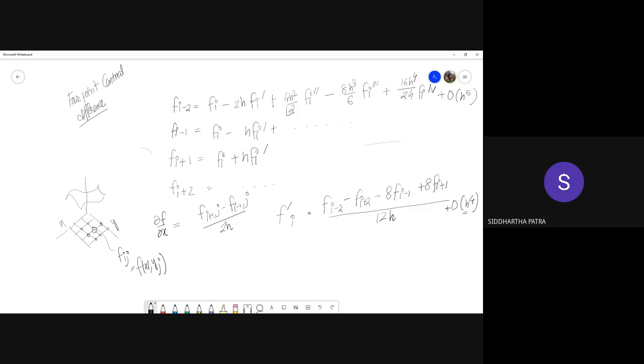But with central difference and using a 4-point technique, you get 2 orders higher accuracy. As compared to order h squared from the 3-point central, forward or backward difference, in 4-point central difference you get 4th order truncation error. That gives you the liberty to take a larger step size, and that would reduce the computational cost in a more effective way.